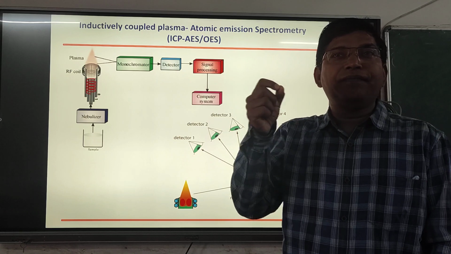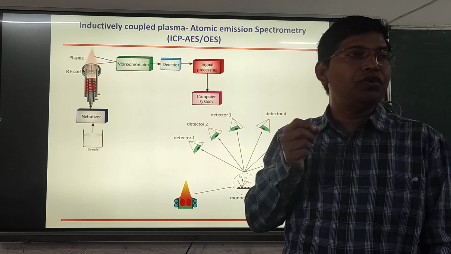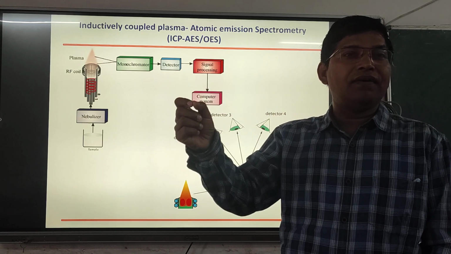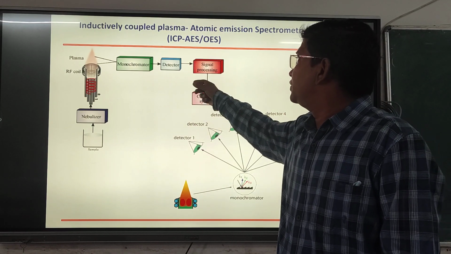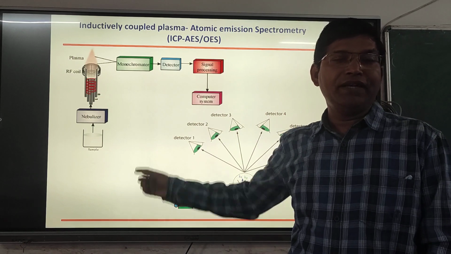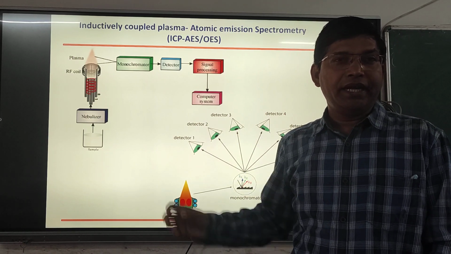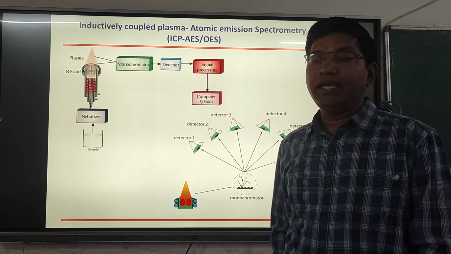So different elements will produce different characteristic wavelengths of light, and that passes through the monochromator, and then we have a detector, and this is an ICP.